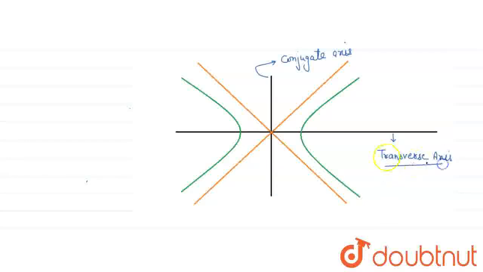So the transverse axis is the axis which contains the hyperbola. If there is a point on this hyperbola, then the transverse axis is the axis which contains the hyperbola.